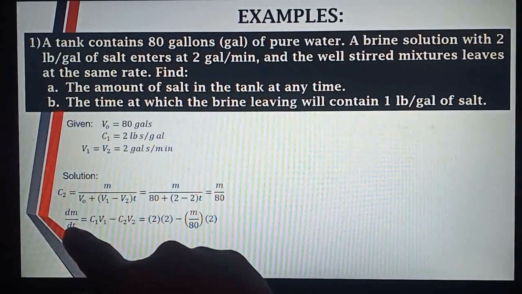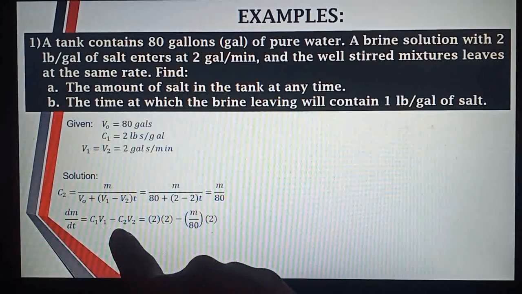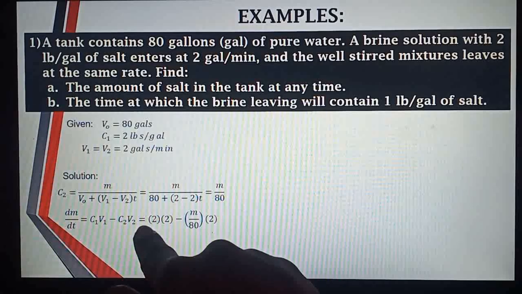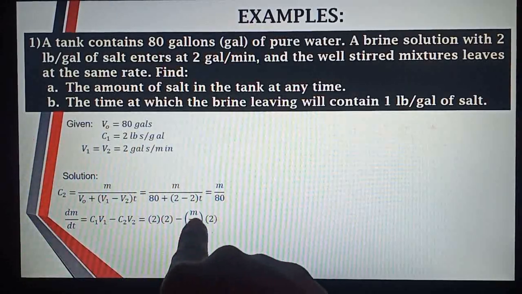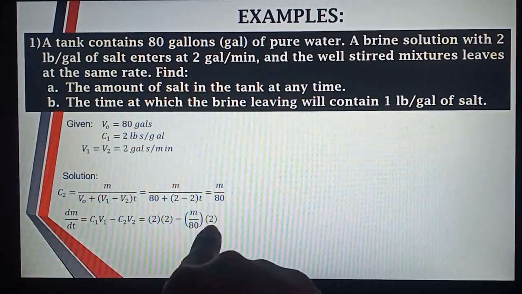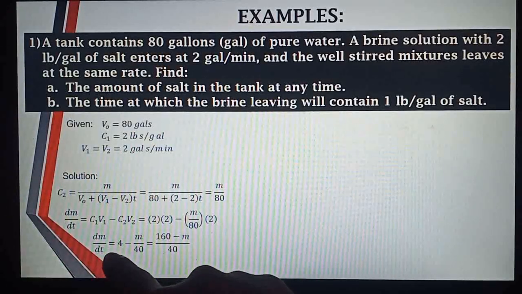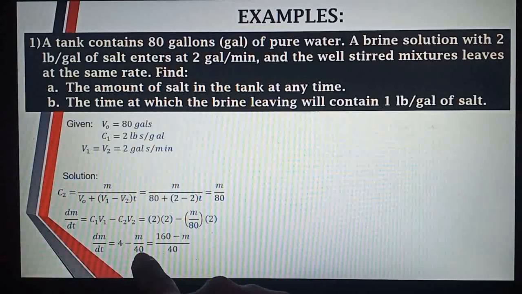Next, we apply the formula: the change of m with respect to t is equated to the incoming minus the outgoing. So we have C1V1 and C2V2. Our C1 is 2, our V1 is 2, minus our C2 which is m over 80, and our V2 is 2. Simplifying this equation, we have dm over dt equated to 4 minus m over 40.